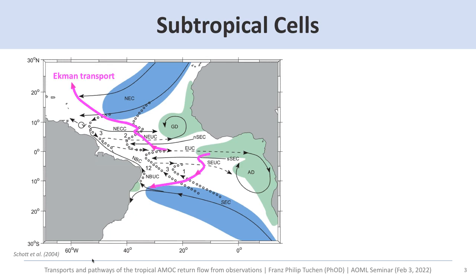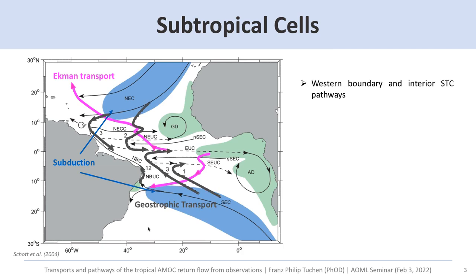So again, we have the Ekman transport at the surface, originating in the tropical or equatorial bands, and then leading to this poleward, westward transport of water masses at the surface. Then we have these subduction areas along the equatorward branches of the subtropical gyres, so the NEC and the SEC. And what is maybe most interesting in this plot is the different pathways of geostrophic transport at thermocline level.